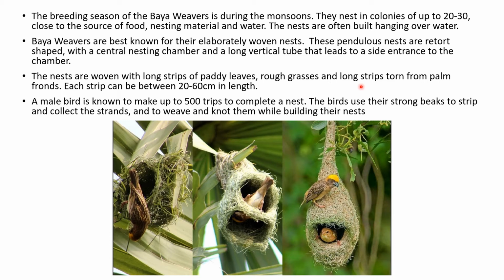The birds use their strong beaks to strip and collect the strands, weave and knot them while building their nest. So these are a few photographs of different stages of a nest being constructed by these baya weavers.